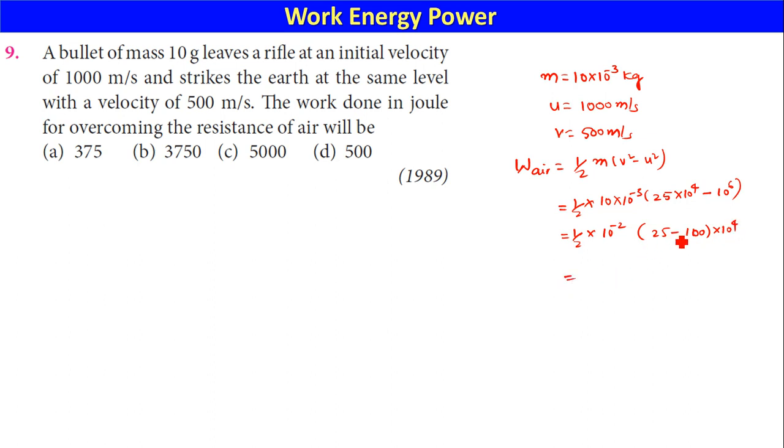So it is nothing but 25 minus 100, which is minus 75, so minus 75 by 2 into 10 power minus 2 into 10 power 4. Will it become 10 square? Yes. 75 by 2 is nothing but 37.5. 37.5 into 10 square is nothing but 3750. That is the work done. All right. Yes. Next one.